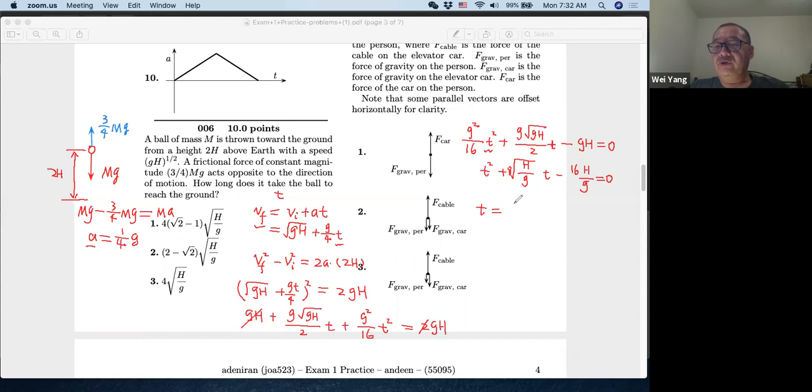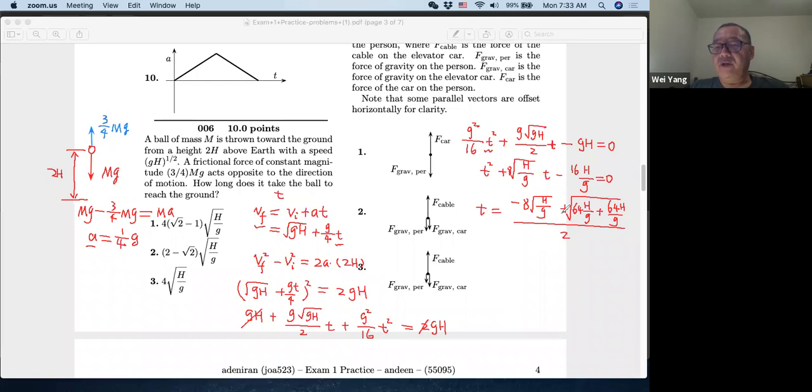This one will equal negative b, that's 8 times the square root of h over g, plus the square root of this squared, that will be 64 h over g, minus minus, so that will be plus 4 times this, 64 h over g, then square root, divided by 2.